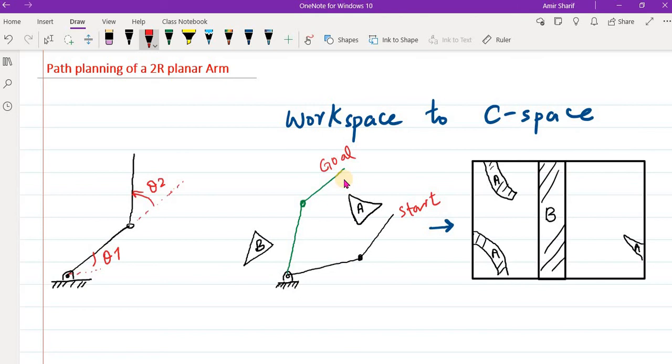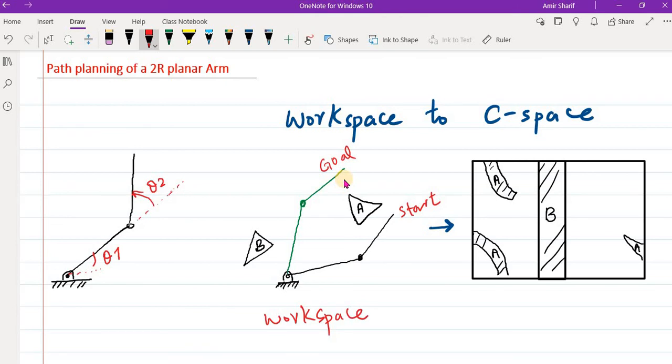As you can clearly see, while going from start to goal, only obstacle A will be important, and B is not really important because it's not going to be encountered during the process. What I have shown in this figure is actually the workspace of the robot.